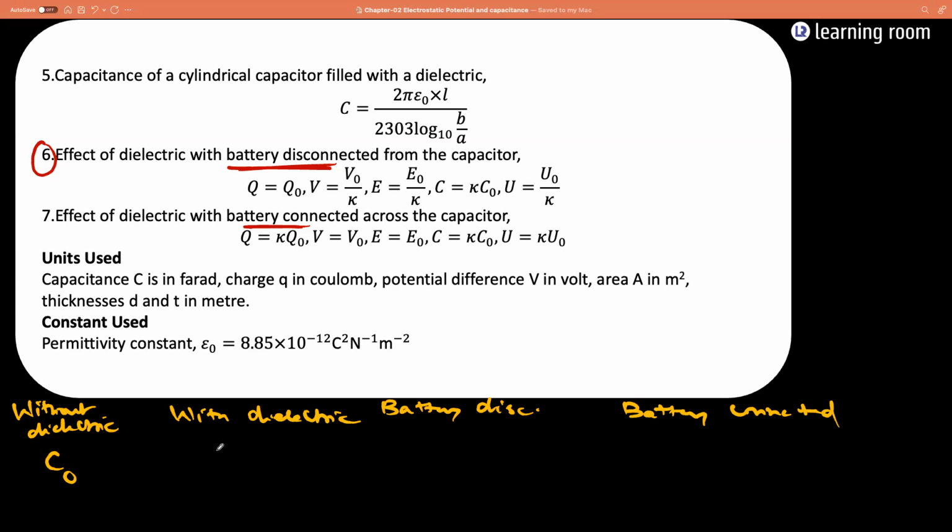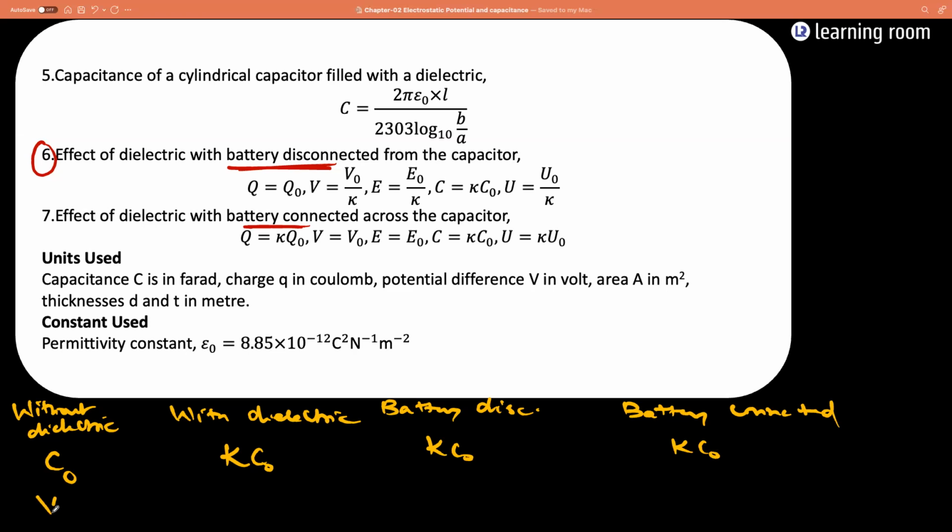With dielectric, when it is completely filled, the capacitance becomes K times C naught. Whether the battery is disconnected or connected, it is still going to be K times C naught only. Is that point clear?